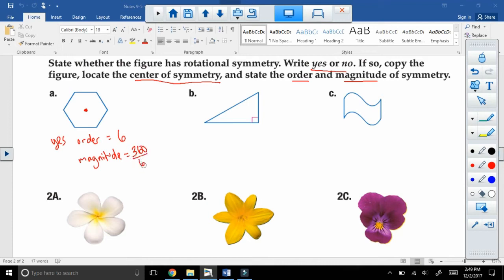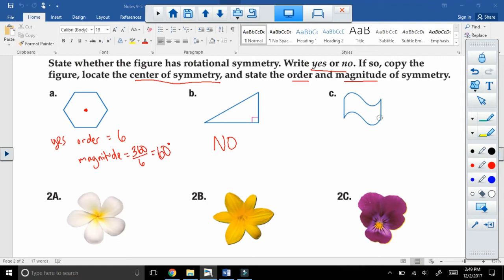So in this case, 360 divided by 6 equals 60 degrees. For this next one, you're not going to be able to rotate it to get anything to map onto it exactly the same, so we would just say that this one does not have rotational symmetry.